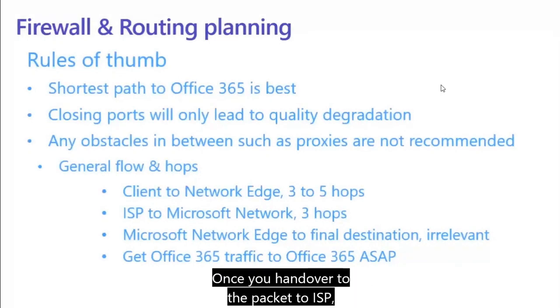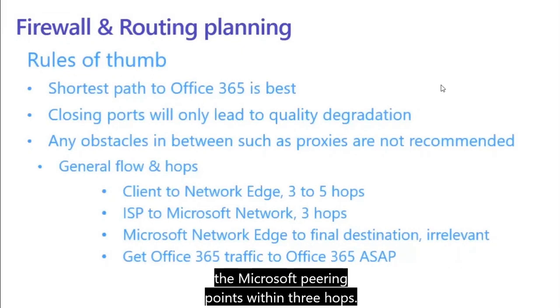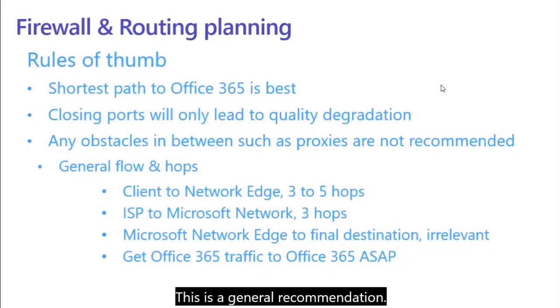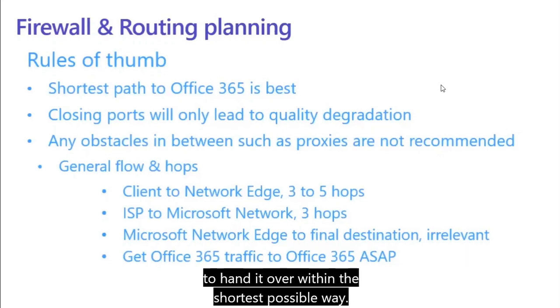Once you hand over the packet to the ISP, they should be able to route that to the Microsoft peering points within 3 hops. This is a general recommendation. We need to see if there is a local peering point and we are able to hand it over within the shortest possible way.